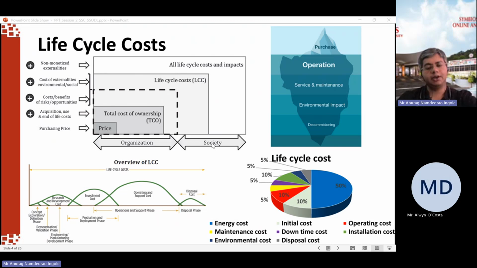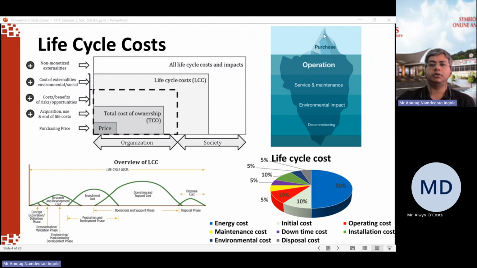So whenever we say life cycle costs, we have to take all these costs into account while making any procurement related decision. On the right side, you see an iceberg image which depicts the bifurcation, in a general sense, of the different types of costs in the life cycle of a product.